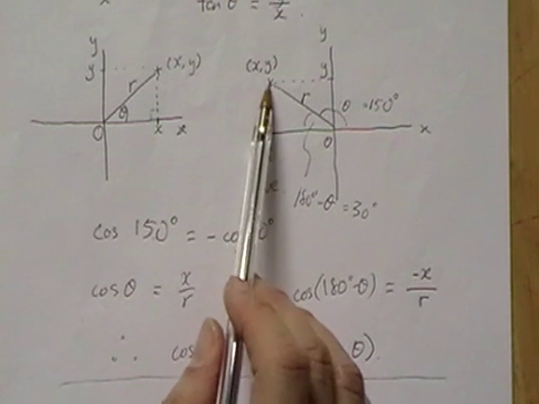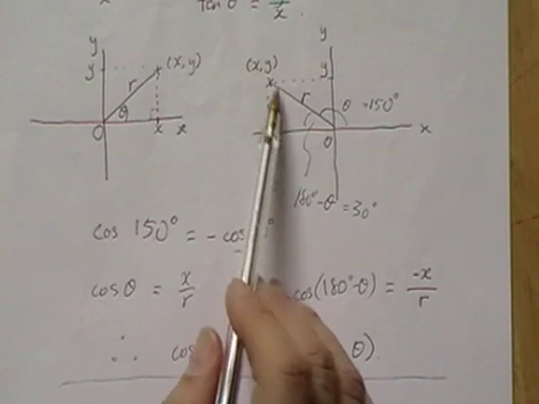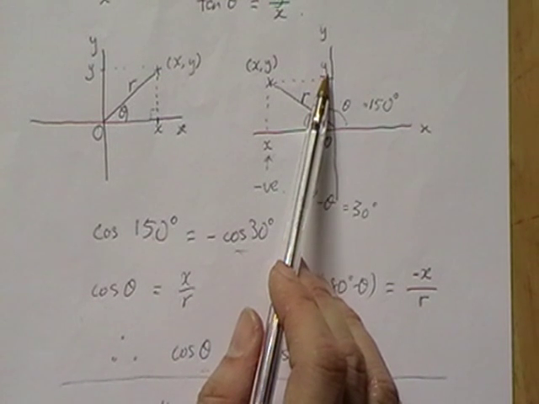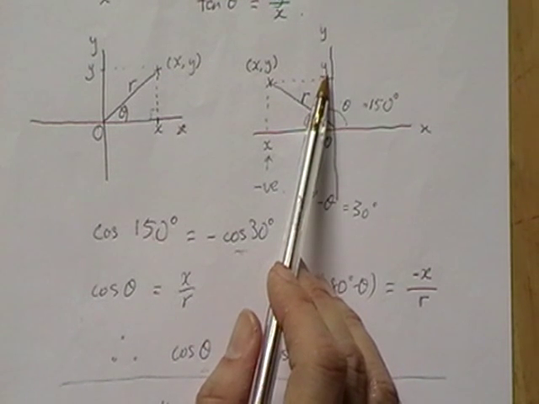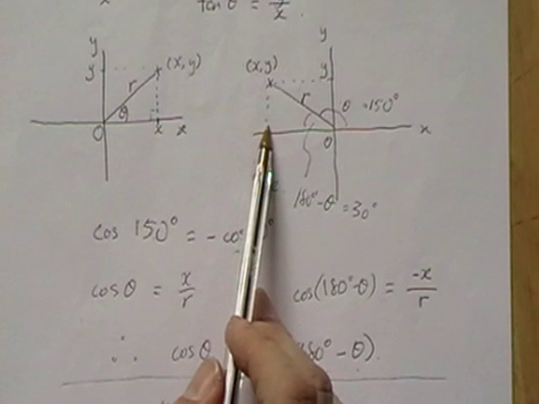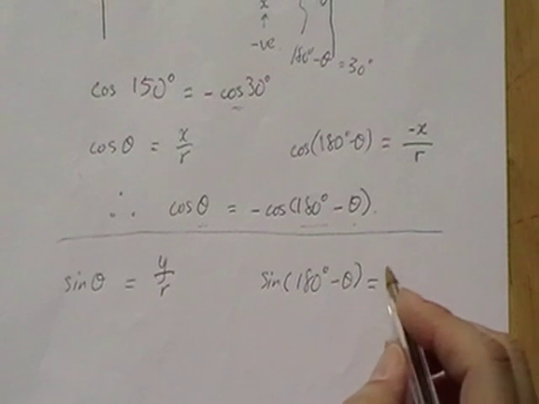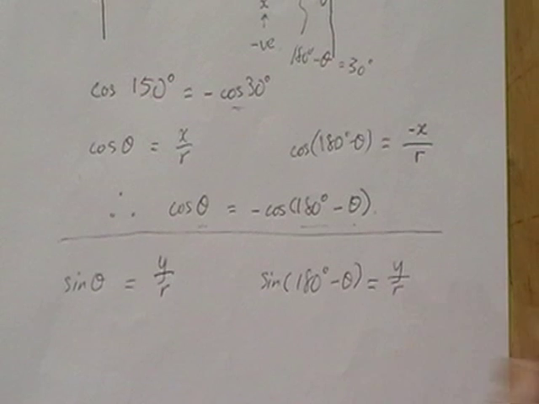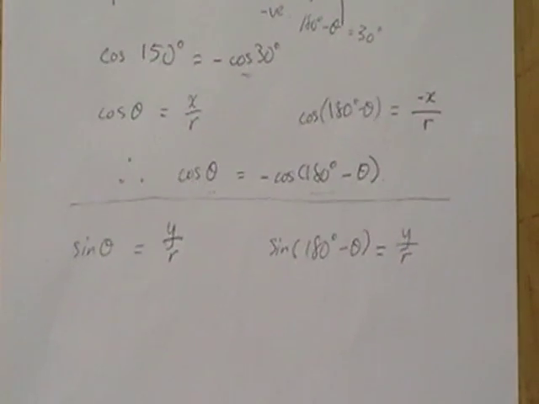Now, the vertical length in this case happens to be the same as the y value, because the y value here is positive. So the vertical side is still y. Therefore, this is y over r.